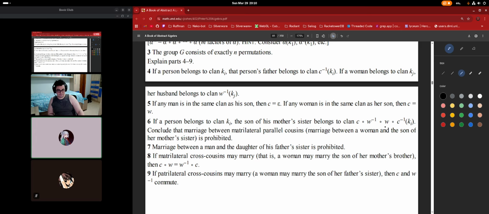And then you get the sister of the father, who is in the same clan as the father, right? And then you do the child of that sister. So you have to go to the husband. Oh, you have to go to the husband. You're right. Well, then the beginning is exactly the same, isn't it? C minus 1, W minus 1. After W minus 1, you have the uncle, which is the father's sister, right?